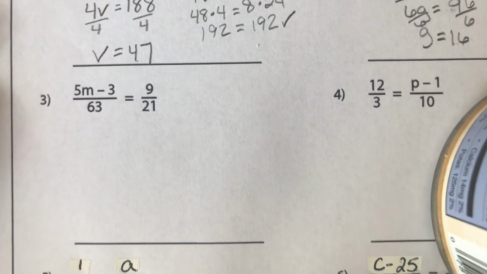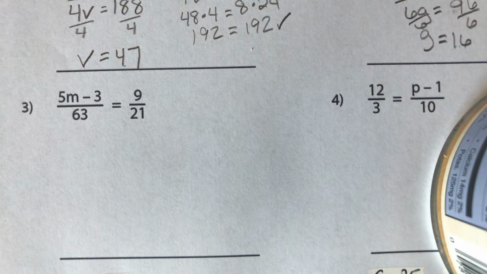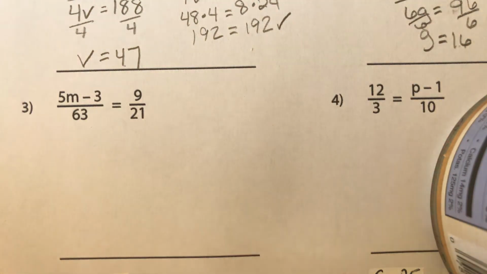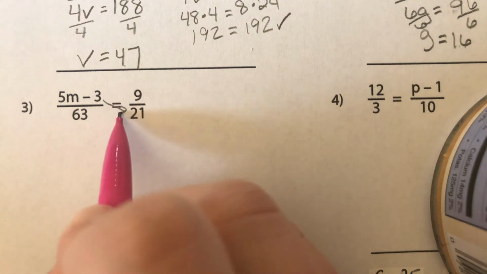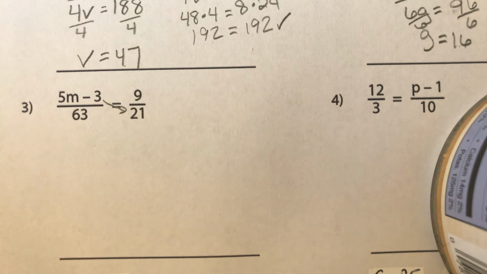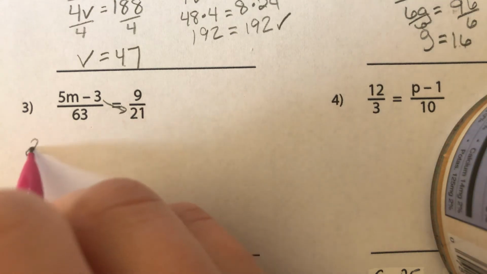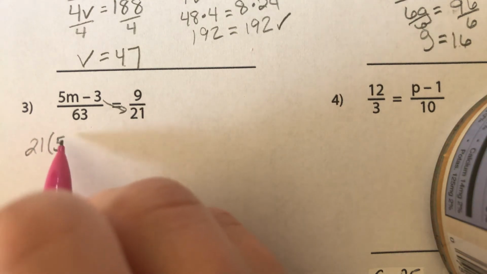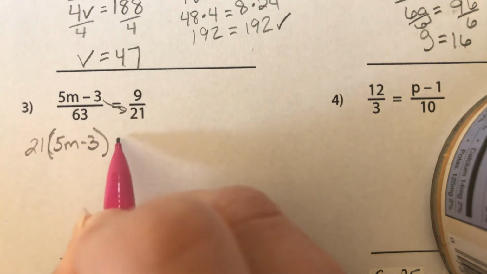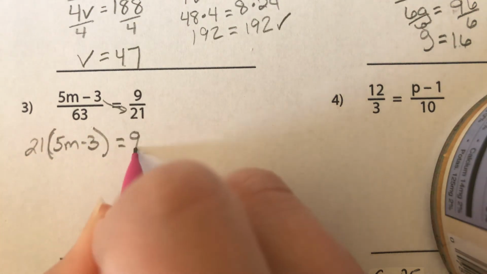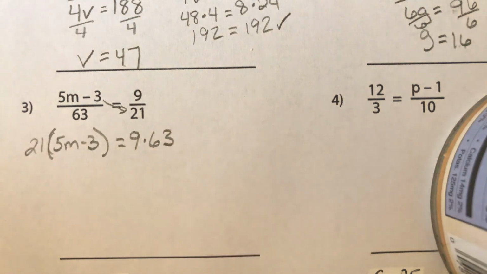All right, 3, pause your video, give this one a try. Okay, check it if you wish. Doesn't matter where we start. I'm going to start with my variable. Keeps my variable on the left. So I've got 21 times 5m minus 3, all in parentheses here, and then equal to 9 times 63.